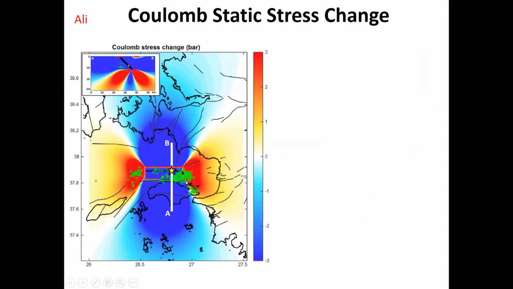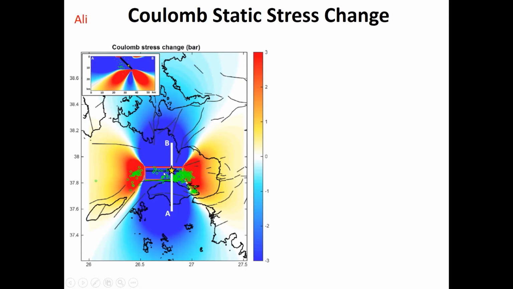In this figure, the slip is assumed to be uniform, and the fault length is assumed to be around 35-40 kilometers. Because of this uniform slip associated with the main shock, we can see stress loading at the tip of the ruptured fault plane, and most of the aftershocks are located off the fault. Just a few aftershocks are taking place on the ruptured fault plane.